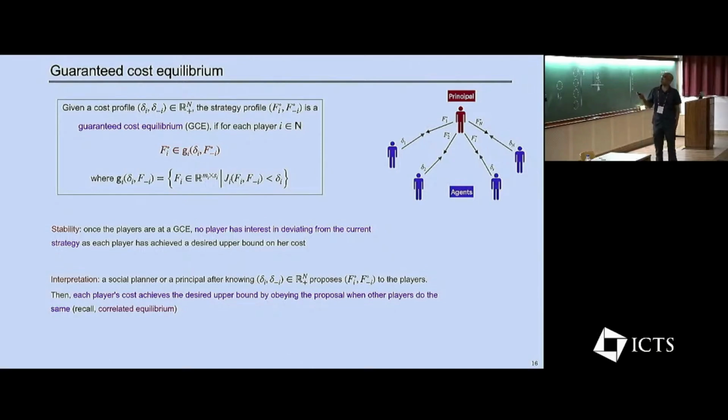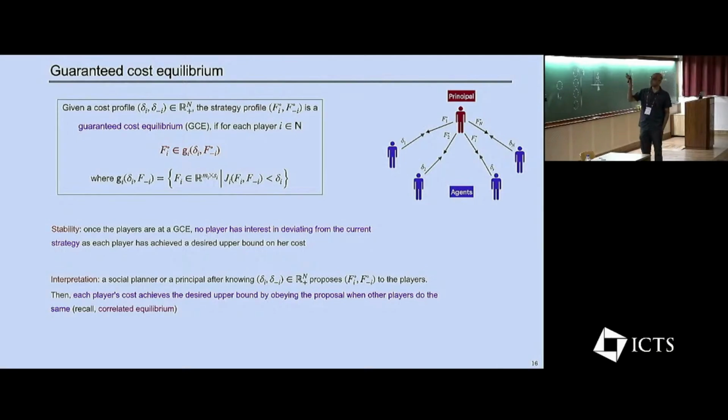If all other players follow the proposal of the social planner, then player i's cost will meet the upper bound by following the proposal of the principal. So if everyone follows the proposal, player i will achieve the cost bound.